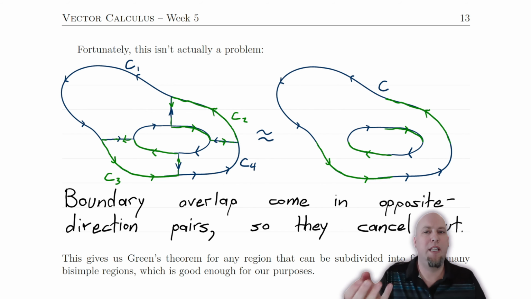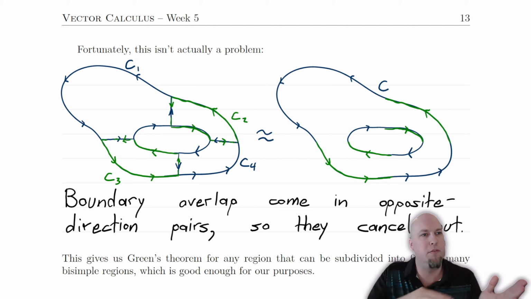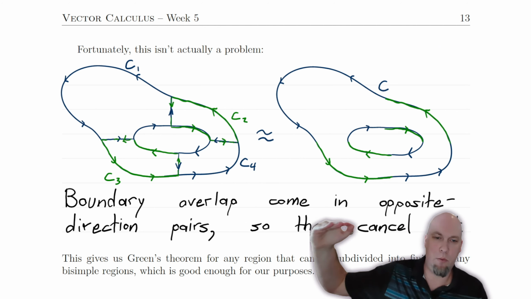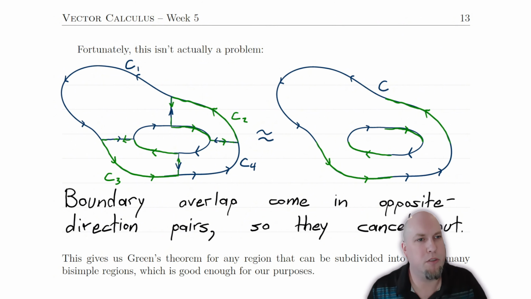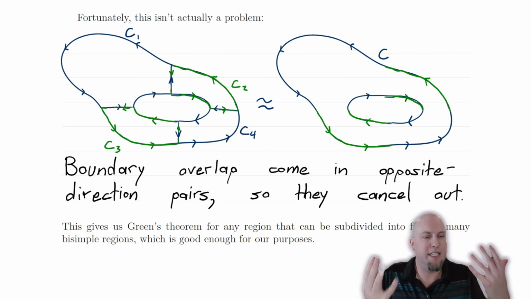So when I compute these two vector line integrals, over C1 and over C2, the portion that comes from this straight line segment is going to cancel out, because I'm integrating one of them upwards and one of them downwards. And that happens on every single one of these. As long as I integrate all of them counterclockwise, the boundary pieces where two of the regions overlap are going to cancel out, because you integrate one going one way, one going the other way, and the total net contribution to the integral is just 0. So they come in opposite pairs. When you integrate over these four regions, it's the same as integrating over the boundary curve with those overlaps removed, which is exactly what we wanted.